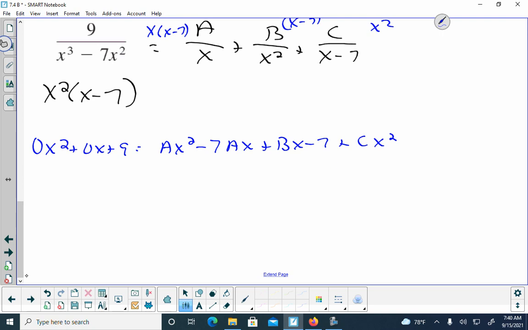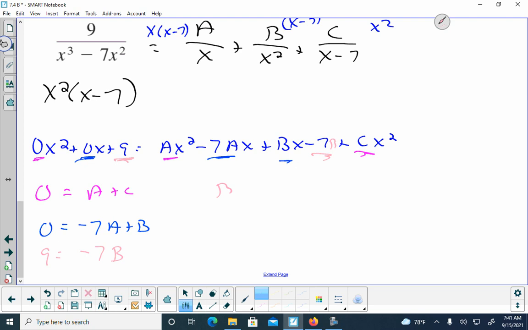My coefficients for x squared, so I'm going to have 0 is equal to a plus c. Then for x, I'm going to have 0 is equal to negative 7a plus b. And then finally, my 9 is going to equal negative 7b.